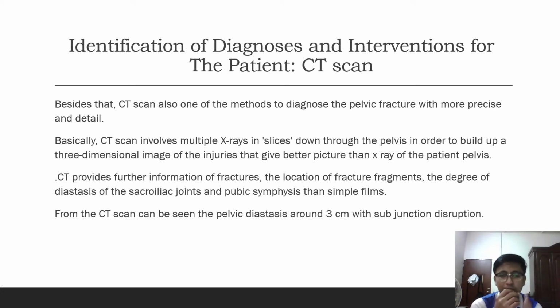CT provides further information on the fracture, the location of fracture fragments, and the degree of diastasis of the sacroiliac joints and pubic symphysis compared to simple X-ray films. In the CT scan, pelvic diastasis can be seen around the pubic symphysis with sacroiliac joint disruption.